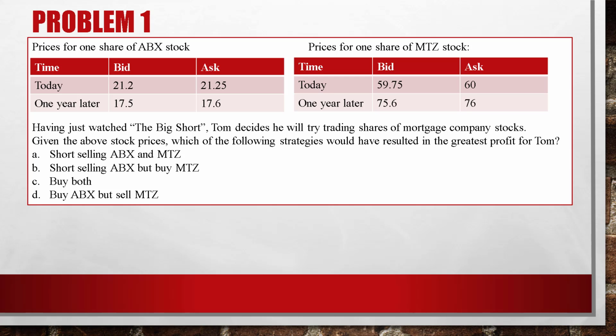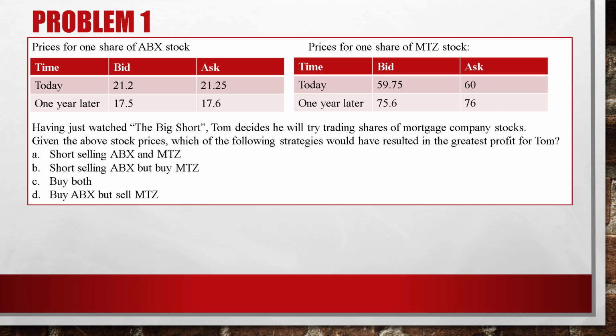Here, let's just look at them one by one. Let's consider ABX first. Today, both the bid and the ask prices are higher than the bid and the ask prices 1 year later, which means we should sell today, so we're not going to lose money. So for ABX, the smart option should be short selling ABX.